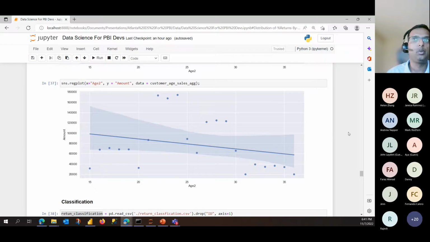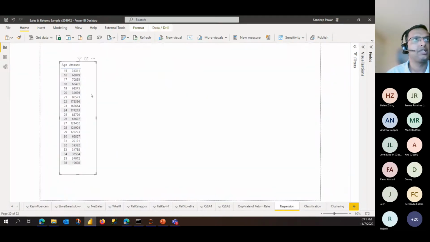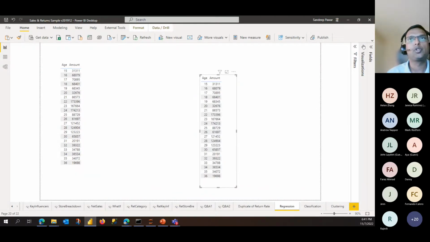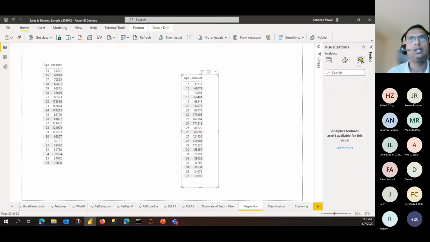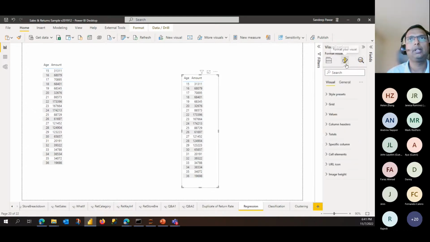When you are working with a data scientist, we can do this exact same thing in Power BI as well. So let me digress a little bit here and go to regression. If I take this exact same thing that I did, I can plot it here, go to visualization, and then go to the analytics pane over here and expand that a little bit.